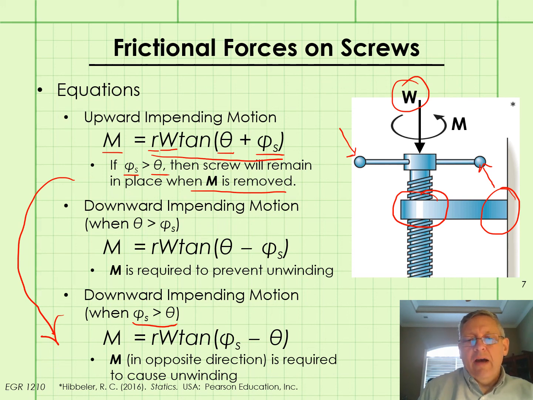Okay, so now the moment's going to be in the opposite direction. In other words, we're now trying to figure out what clockwise moment is necessary to get this self-locking screw moving downward. And the equation's similar, except for this difference that we're taking the tangent of, which is going to be the angle of static friction minus the lead angle.